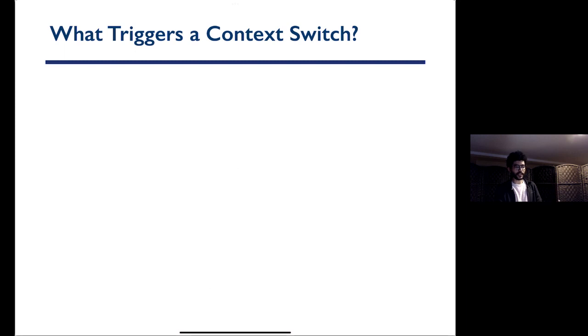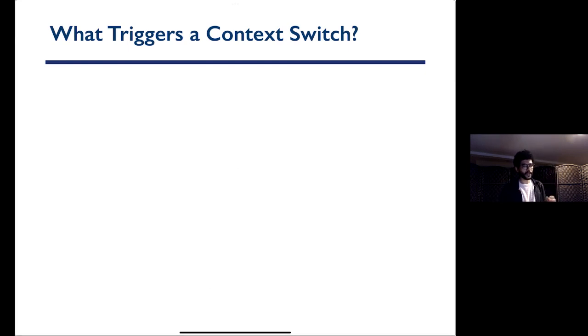So what triggers a context switch? First of all, what is a context switch? Context switch means switching from one thread to another thread. If the unit of execution in your system is threads, then we're going to go from one thread to another.